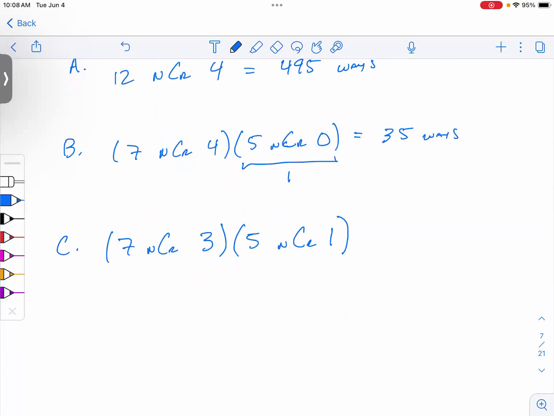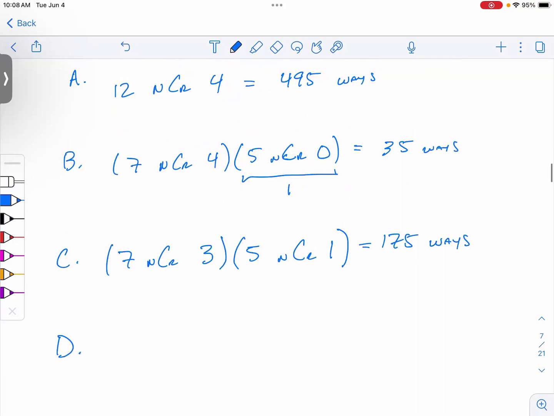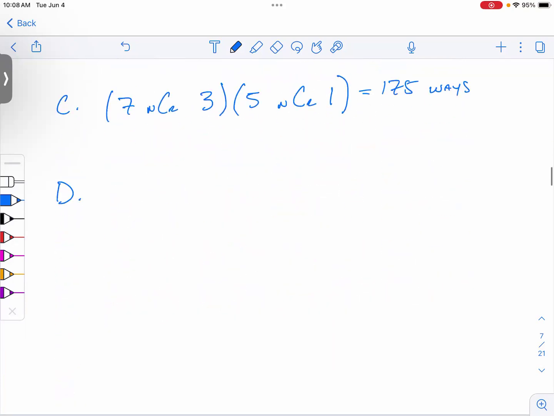And when the numbers are this small, you can plug this into the formula and do this by hand. I'll just leave those calculations to you. And then lastly, I'm looking for 2 senior, 2 junior, which is pretty much the same thing. 7 NCR 2, 5 NCR 2, which then gives us 210 ways.